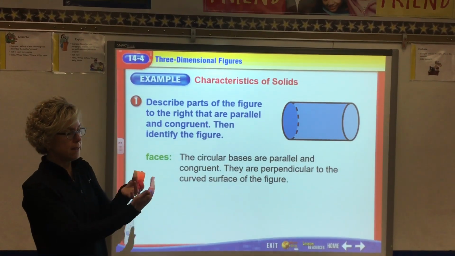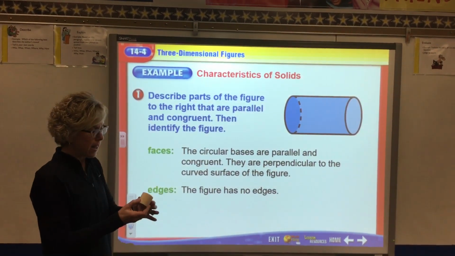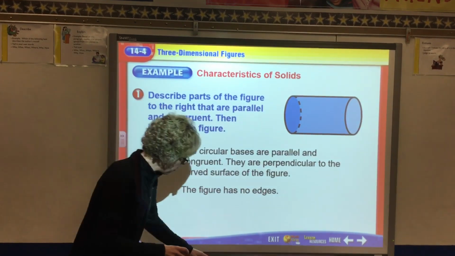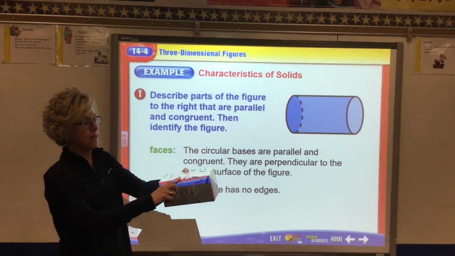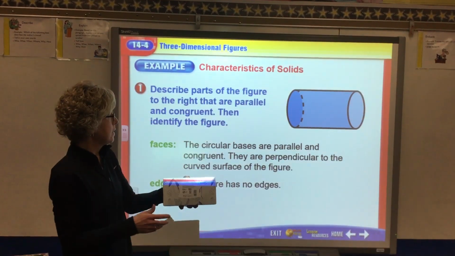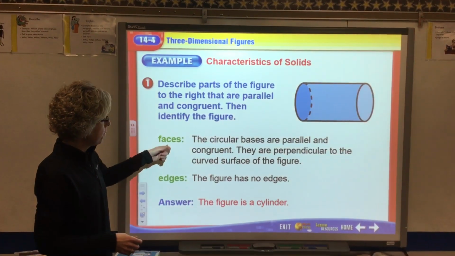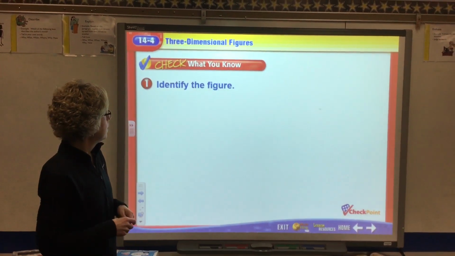This would be one face, and this would be another face too. What else do we know about it? The figure has no edges. When we're talking about edges, we're talking about these straight lines where two faces meet. That would be considered an edge. So the figure, as we said, was a cylinder.